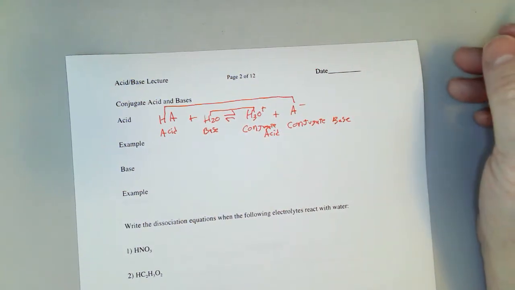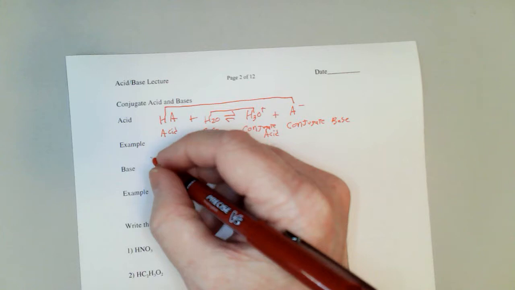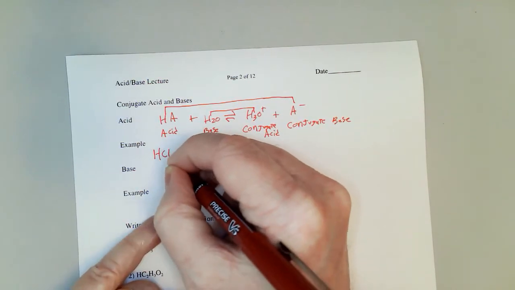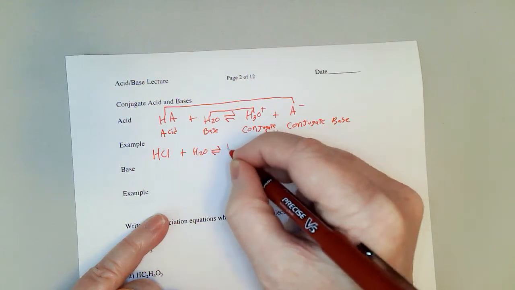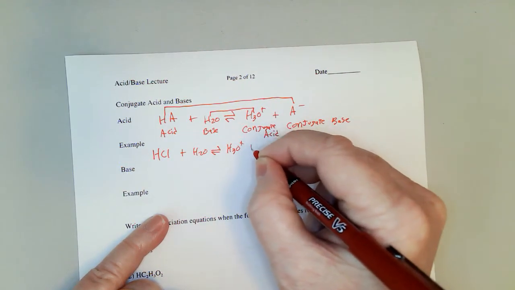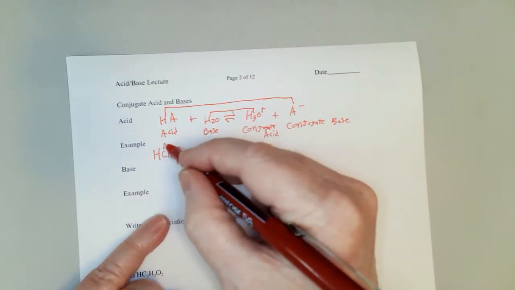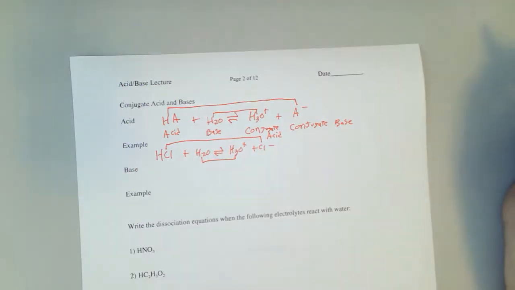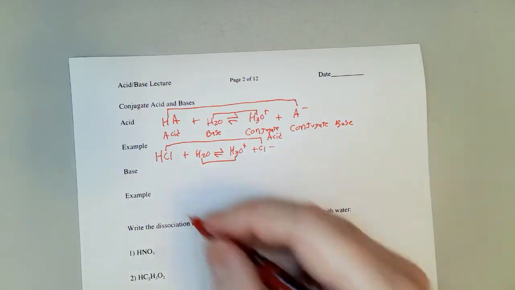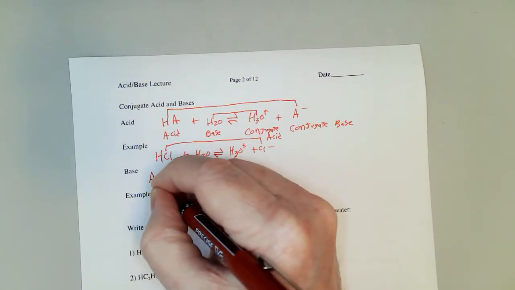One hydrogen, really. That is the only difference. So this could be something like HCl plus H2O, giving us H3O+ and Cl-. This would be a conjugate pair, and that would be a conjugate pair. Now, for bases, we could just say generically A-.